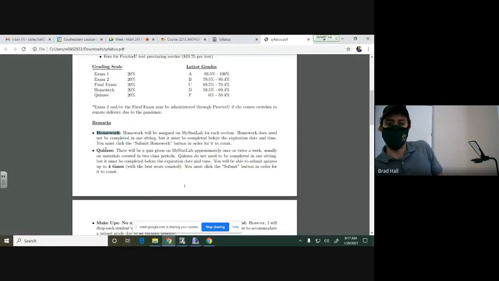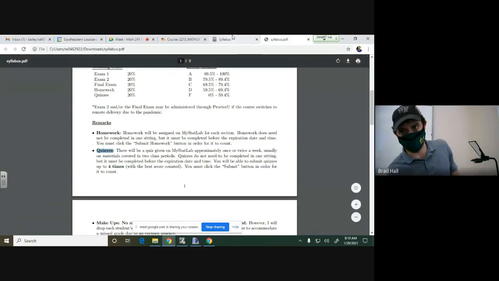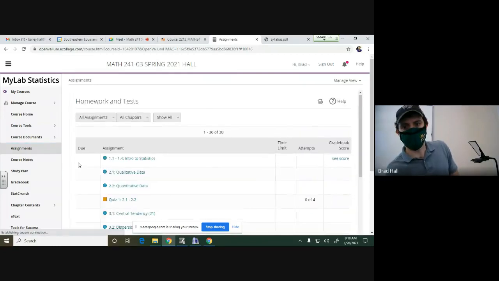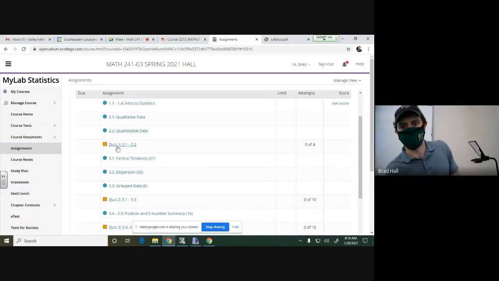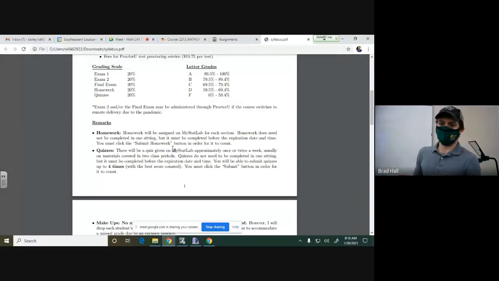As you might be familiar with, the homework and the quizzes are both assignments that are due on my math lab, as you saw under assignments here. Homework, of course, the blue ones, quizzes, of course, the ones that say quizzes. The homework should be fairly straightforward.